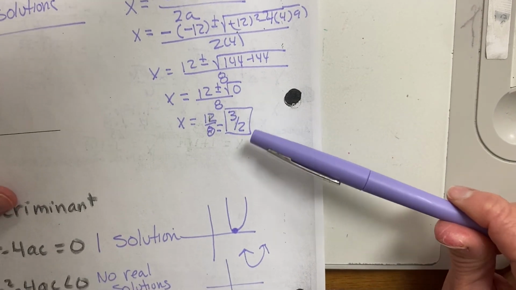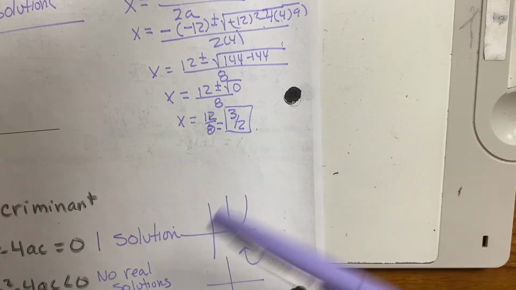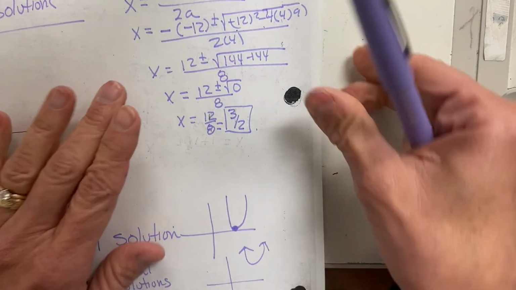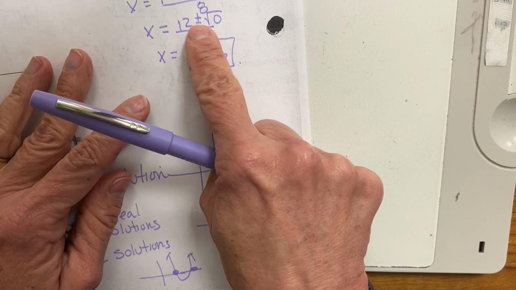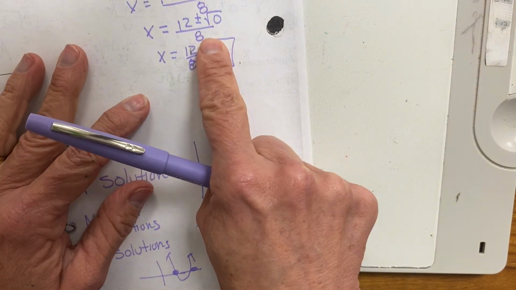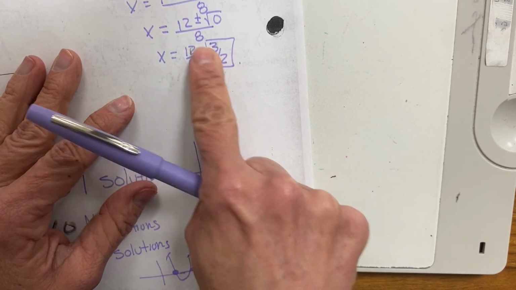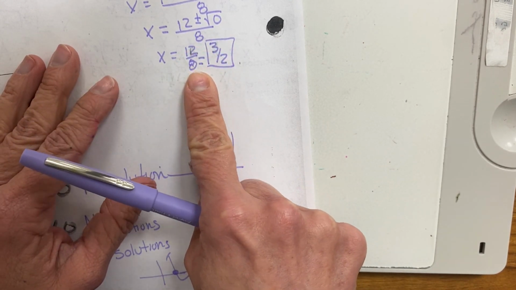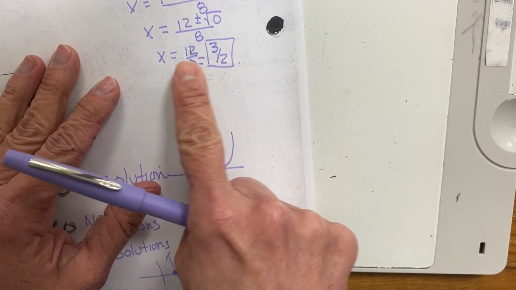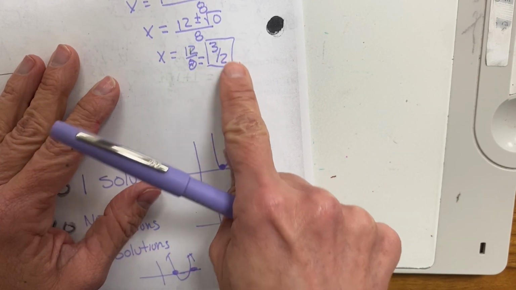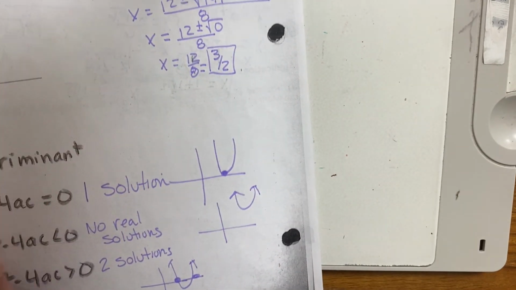And so since this is equal to 3 halves, we do not write that as a duplicate, because if you can see, we're going to have 12 plus the square root of 0 over 8. And if we did 12 minus the square root of 0 over 8, we would still have the same answer. So we do not write this down twice as 3 halves. We only write that as one time. So my answer is 3 halves.